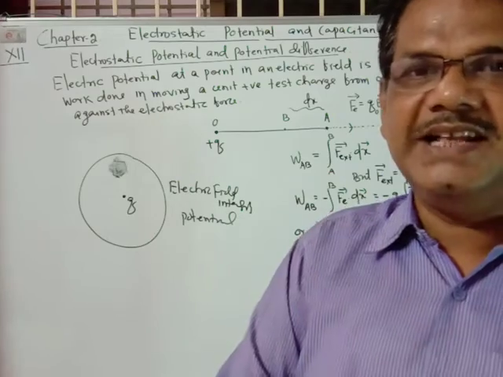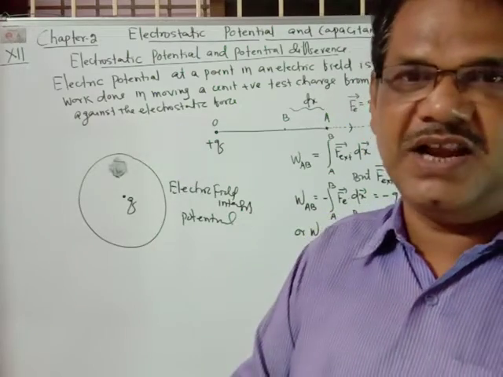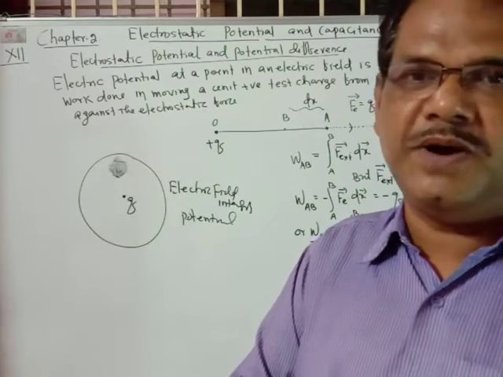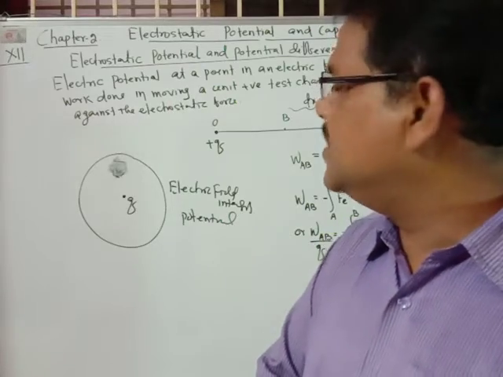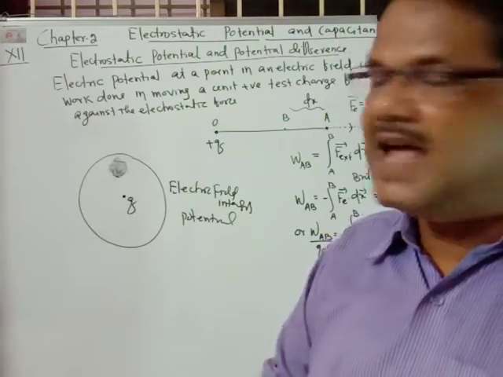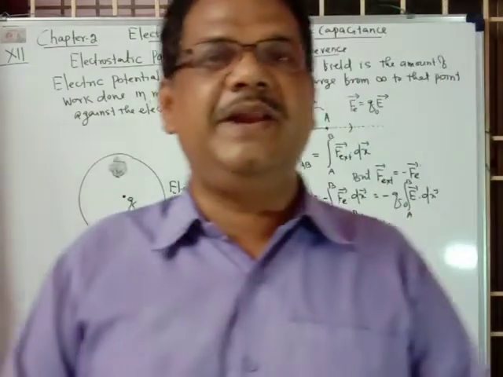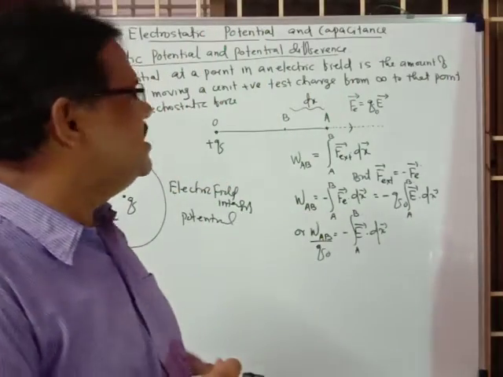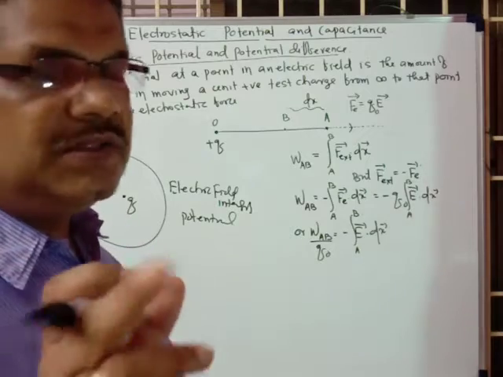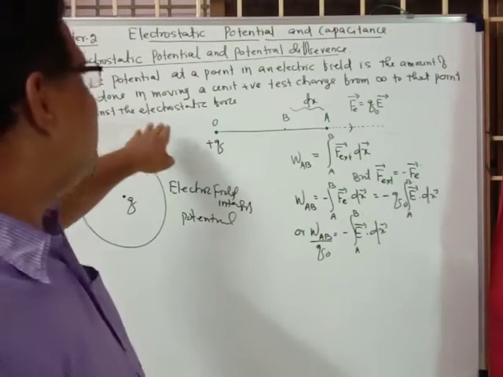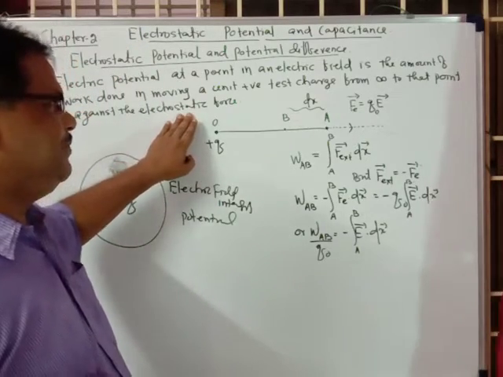So our target is to understand the potential and potential difference between two points in the electric field. Electric potential at a point in an electric field is the work done in bringing the unit positive test charge from infinity to that point against the electrostatic force.